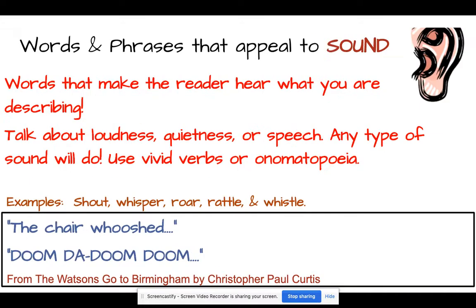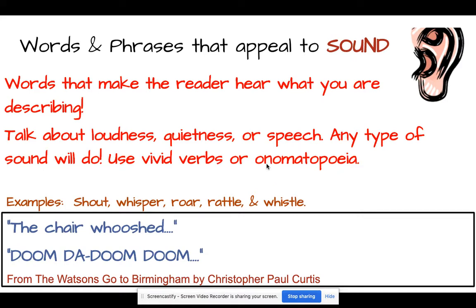So let's move on to sound. Sound words are very common. Words that make the reader hear what you're describing instead of just telling what it might sound like are called sensory words. If you want to appeal to a reader's sense of sound, you would talk about the loudness or the quietness or the type of speech a person is using. Any sound word will do. But again, you want to use vivid words and a type of figurative language called onomatopoeia.